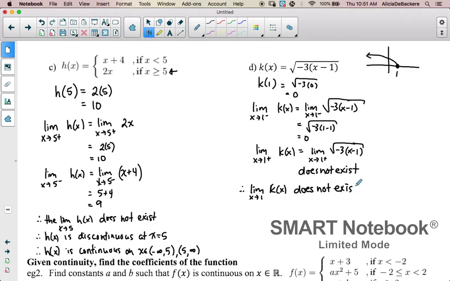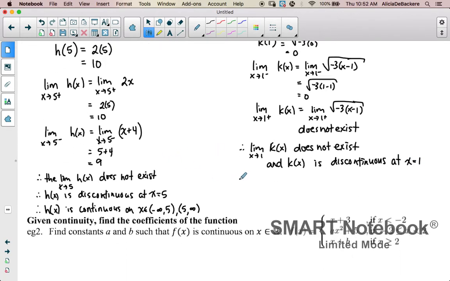And in order to have continuity, the limit has to exist. And so here, k of x is actually continuous for the whole domain of this particular function, except at the point 1. So I put a round bracket on that point.